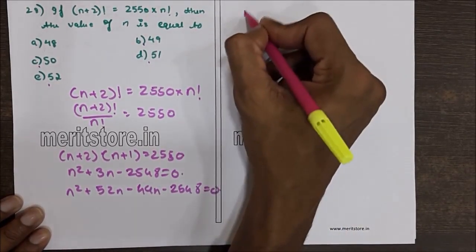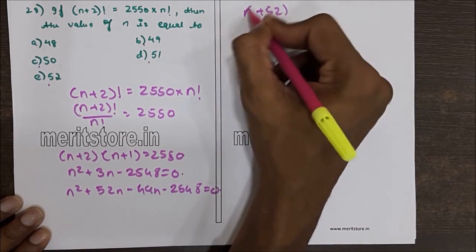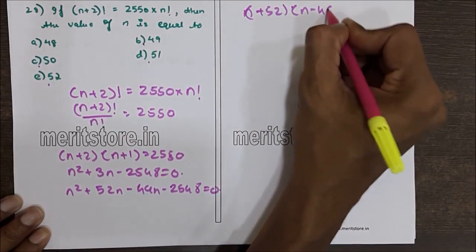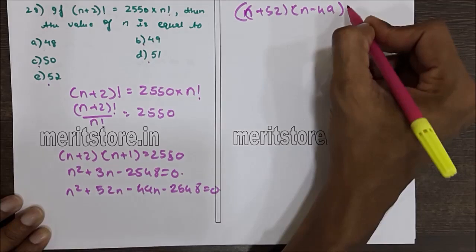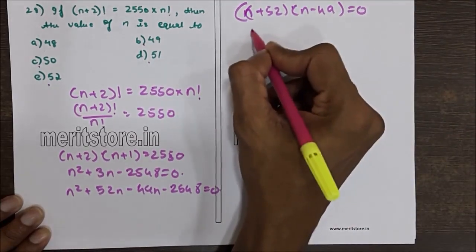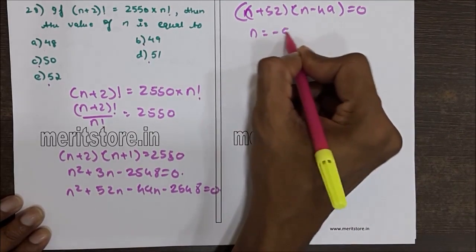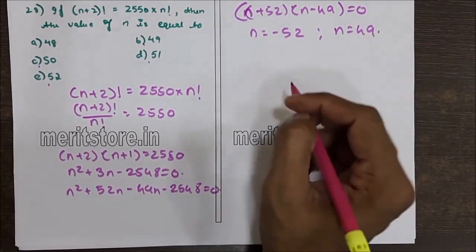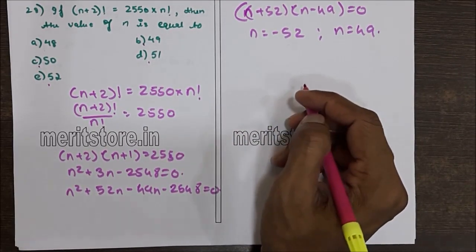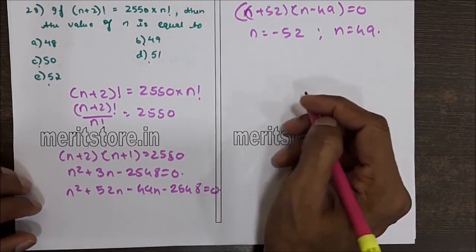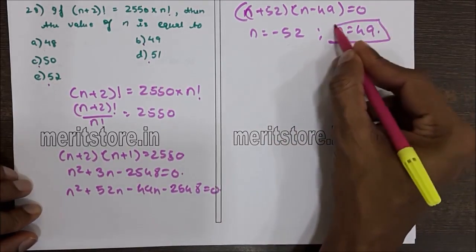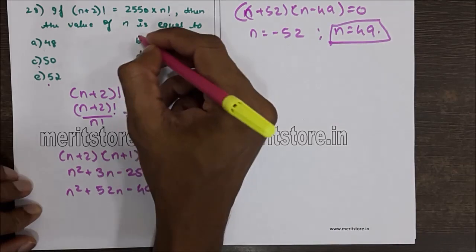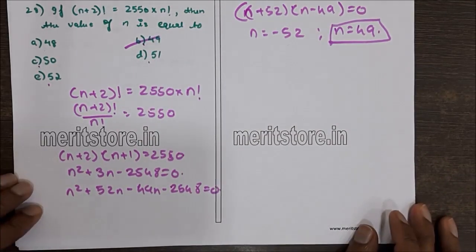Further solving this, we get n plus 52 into n minus 49, which is equal to 0. So we get n is equal to minus 52 and n is equal to 49. The negative value is ignored since factorial is defined for non-negative values. Therefore, we take the positive value, that is n is equal to 49, which is our option B. Therefore, option B is the correct answer.